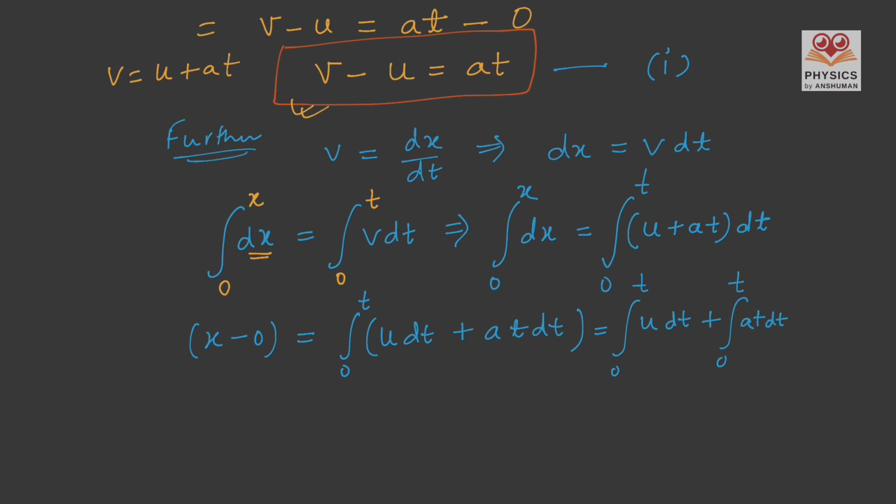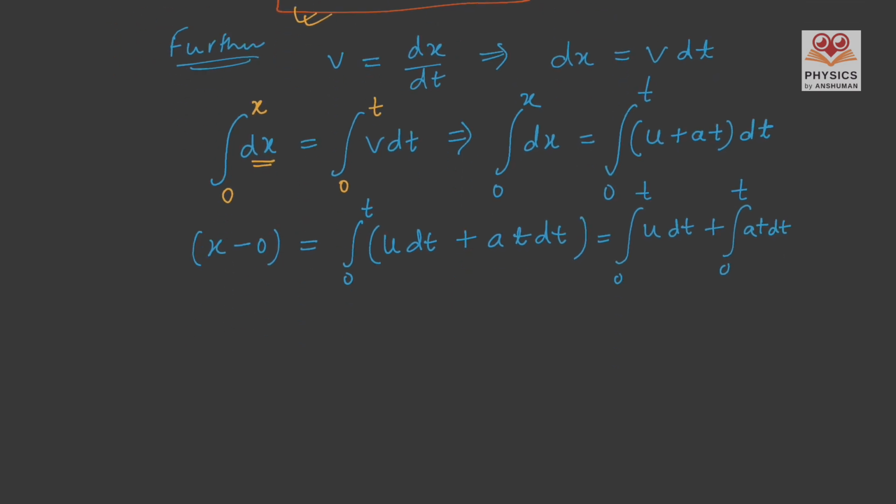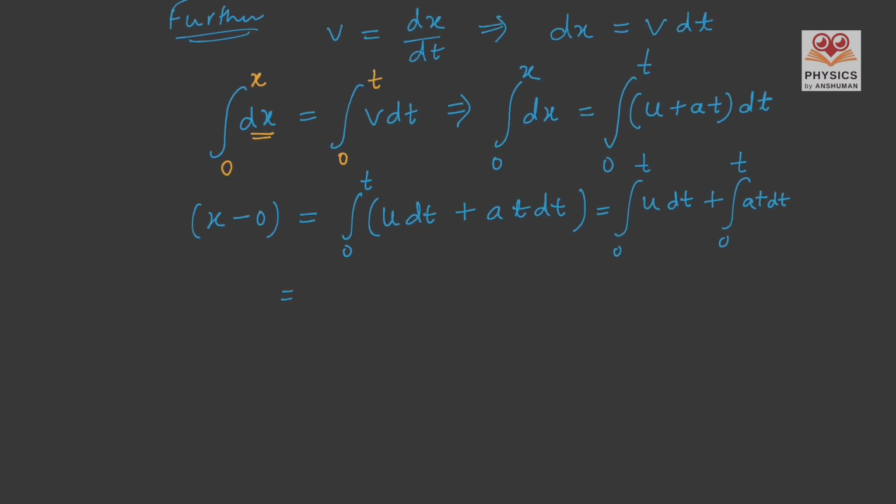Further, what we can write here is x minus 0 is actually x, and that is equal to, let's focus on the first one, the integral from 0 to t, and integration of u dt. So u is fixed and dt is from 0 to t, that is t minus 0.